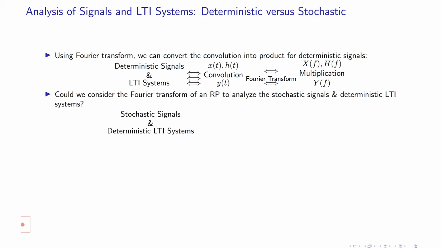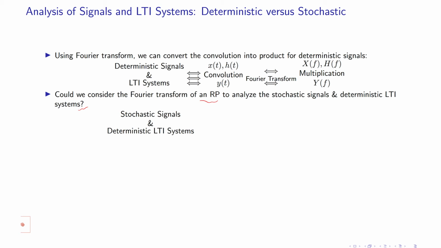Now, if we consider a Fourier transform of a random process for stochastic signals and deterministic input, the question is that can we do that? So it's kind of like this big question.